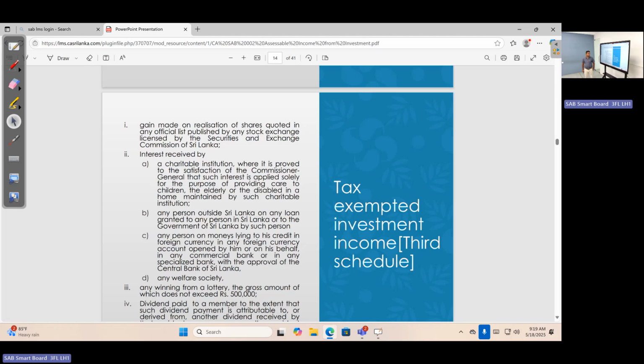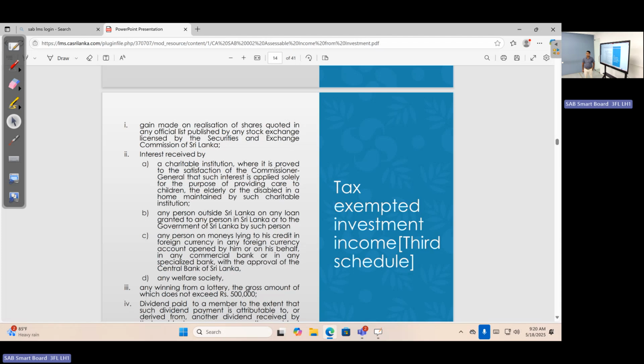Also interest paid to any person outside Sri Lanka on any loan granted to any person in Sri Lanka or to the government of Sri Lanka by such person. That is, a non-resident person providing a loan to Sri Lanka, that interest is exempt. A good example is interest payment to the IMF. You can remember, otherwise we would have to tax the IMF also if this exemption were no longer there. Also any person's money lying to his credit in any foreign currency account.